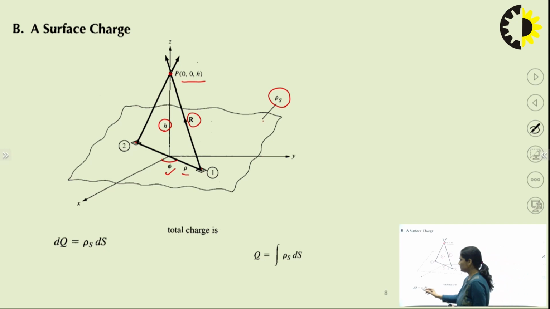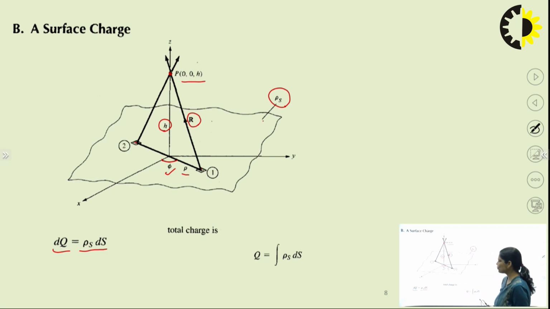Now the differential charge on this surface is equal to rho s ds. Now find the total charge: Q is equal to the integration of rho s ds. So this is the charge on this surface.